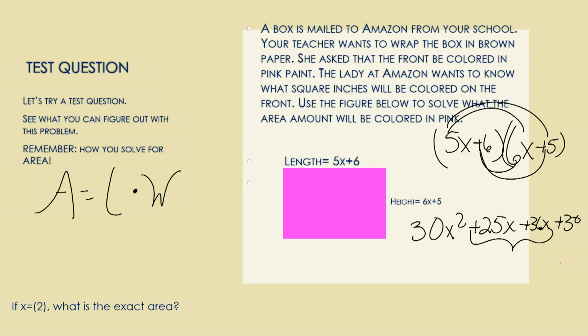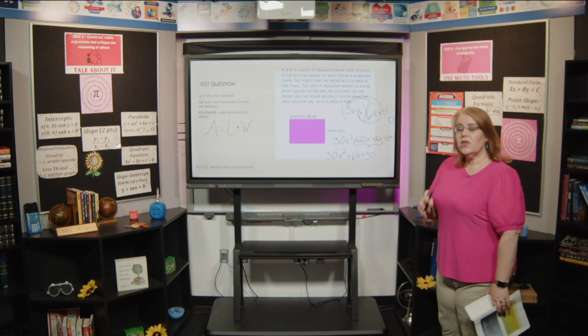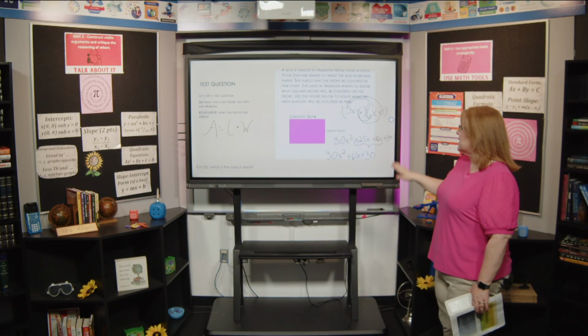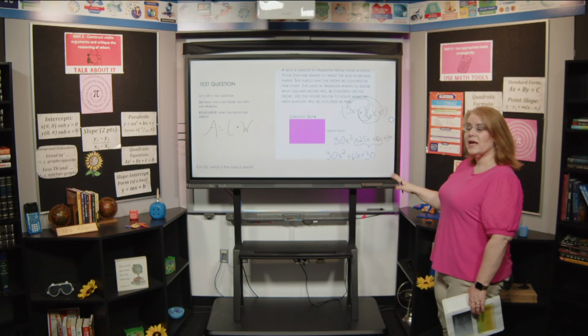So what I get is 30x squared plus 61x plus 30. See if you got the expression that I did, 30x squared plus 61x plus 30.